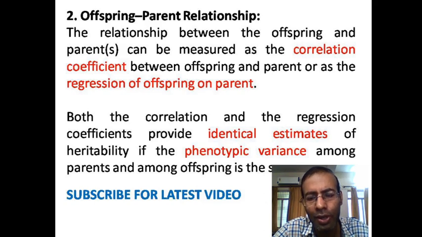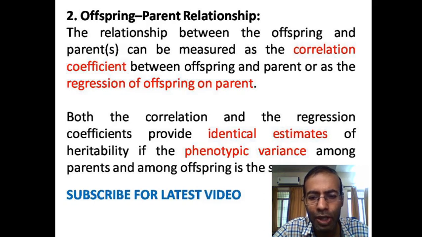Under this approach, there are two ways. First is we can measure correlation coefficient between offspring and parent, or we can estimate regression of offspring on parent.